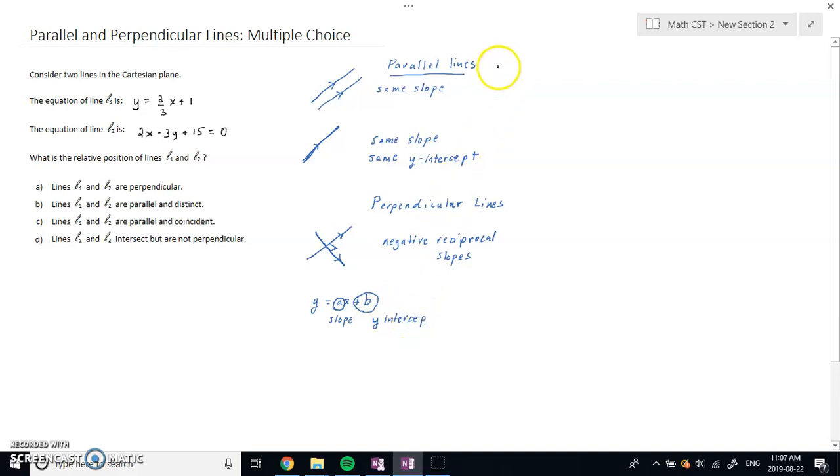So if two lines have the exact same slope, they're definitely parallel. They can have the same slope and be two separate lines, so we would say that these ones are distinct. And two lines that are on top of one another still have the same slope, but they're coincident.